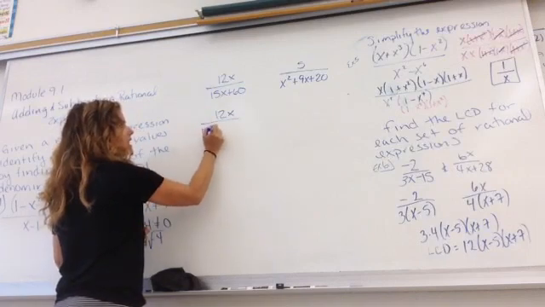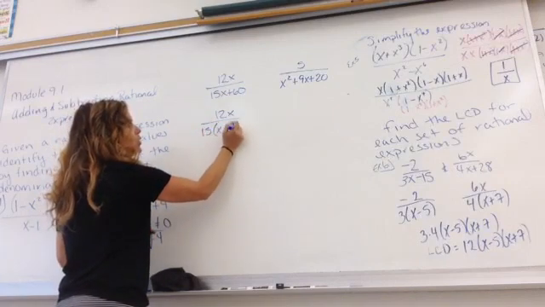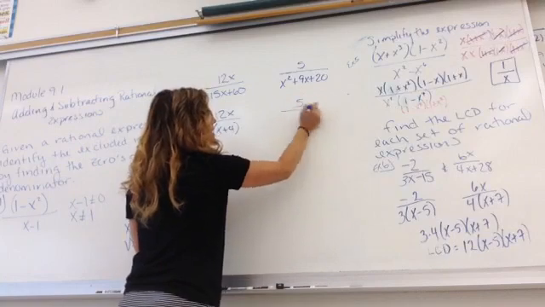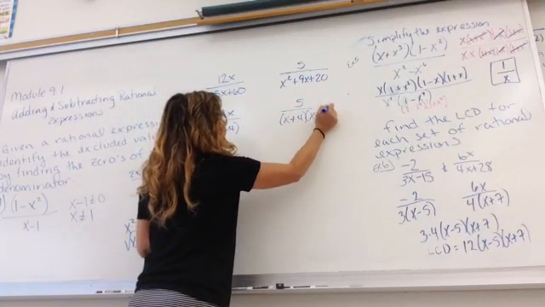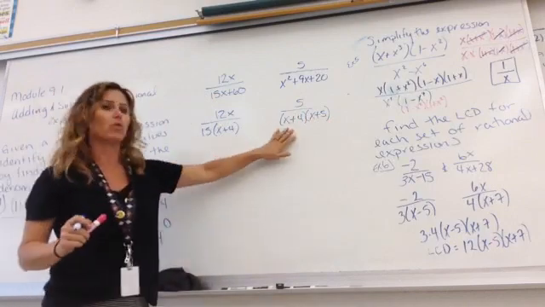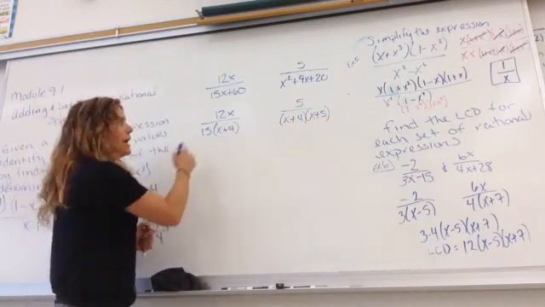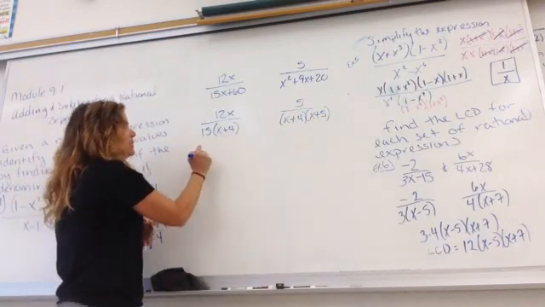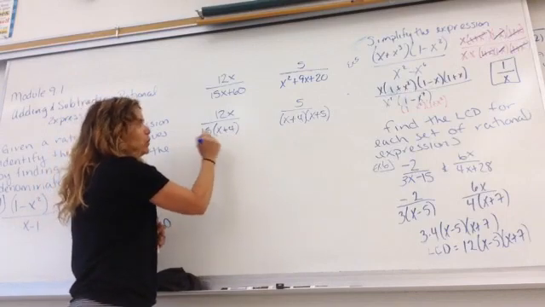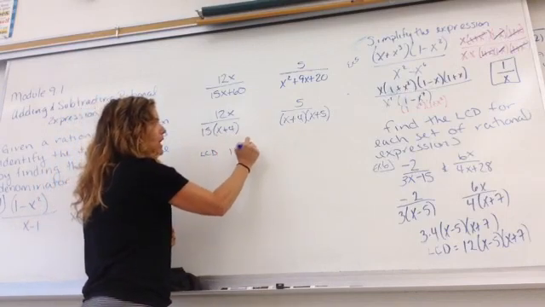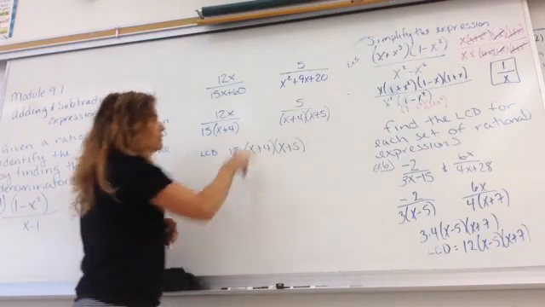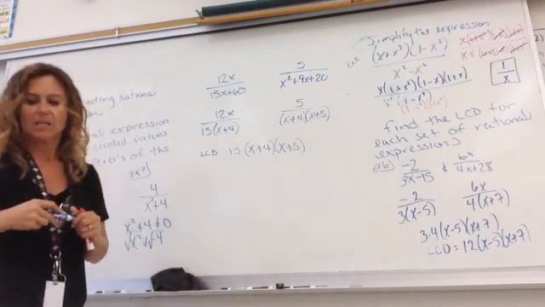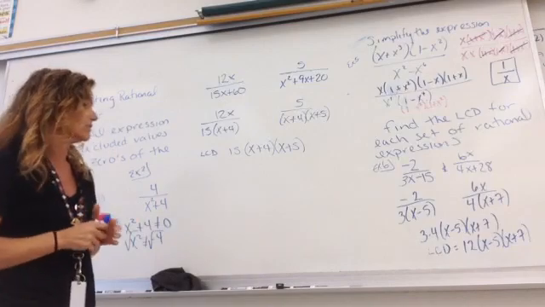Factor out 15 on the denominator, so we get x plus 4. Over here, we're going to factor that denominator to x plus 4 times x plus 5. Now, they have an x plus 4 in common. That's great. So I need to look at what the LCD would be, the least common denominator. We need a 15, one x plus 4, and because this one has the x plus 5, we need to tag it along. So there is our LCD.